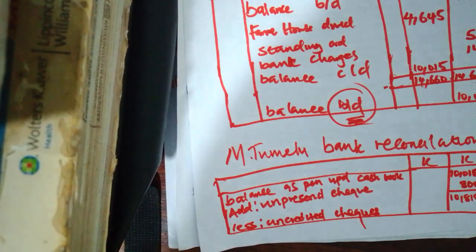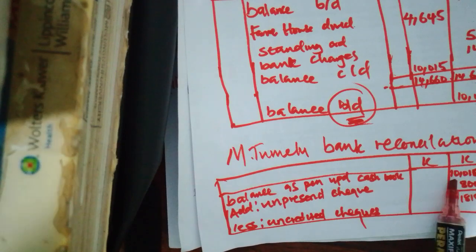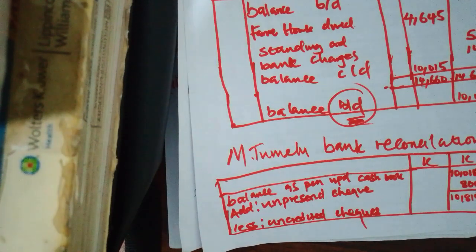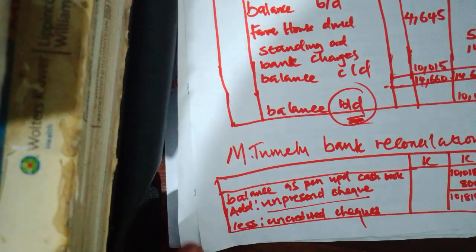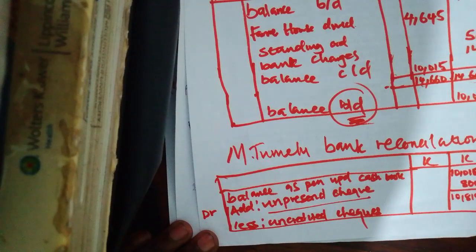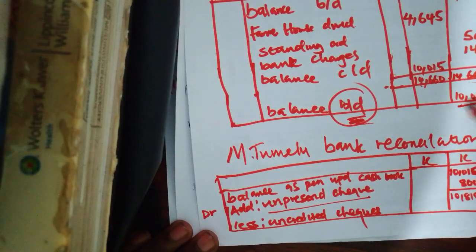So uncredited checks again are on the credit side of the cash book, meaning in the bank they will be on the debit side. So you have to subtract, since this unpresented check first in the cash book it was debit. And the balance we have is credit. You have to take note of that.